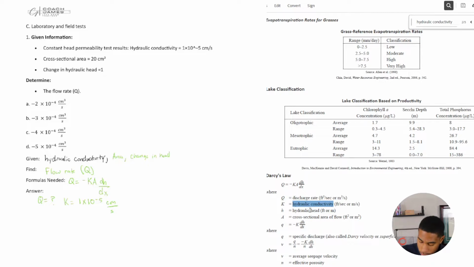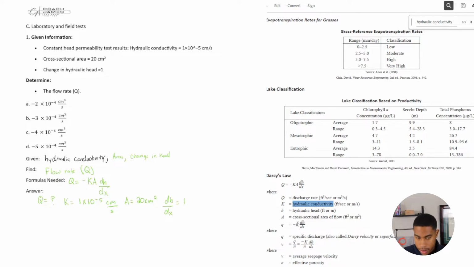Key to note, all of my answer is in centimeters cubed over seconds. So if things are in centimeters or if things are in seconds, then that's perfect. Okay. All right. A is equal to cross-sectional area, which is equal to 20 centimeters squared. And then dH over dx is equal to hydraulic head, or change in hydraulic head, which is equal to 1.